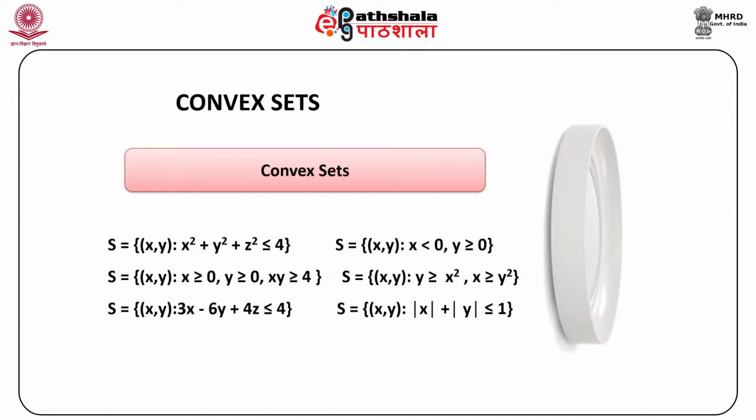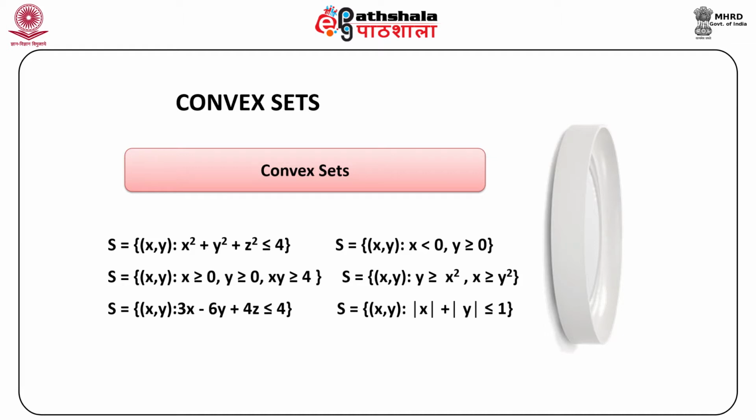It may be easily verified by drawing a graph that the following are convex sets. S equals {(x,y,z) such that x squared plus y squared plus z squared is less than or equal to 4}. S equals {(x,y) such that x is less than 0, y is greater than or equal to 0}. S equals {(x,y) such that x is greater than or equal to 0, y is greater than or equal to 0, xy is greater than or equal to 4}.